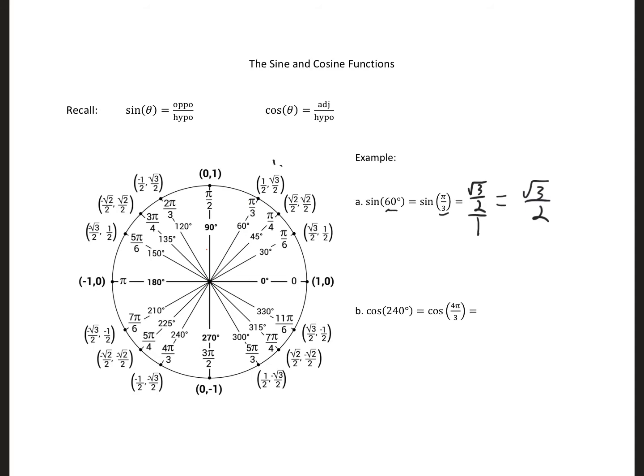Let's now talk about cosine. Say we wanted to find cosine of 240 degrees. That's the same thing as cosine of 4 pi over 3. And so I'm going to create a similar right triangle.